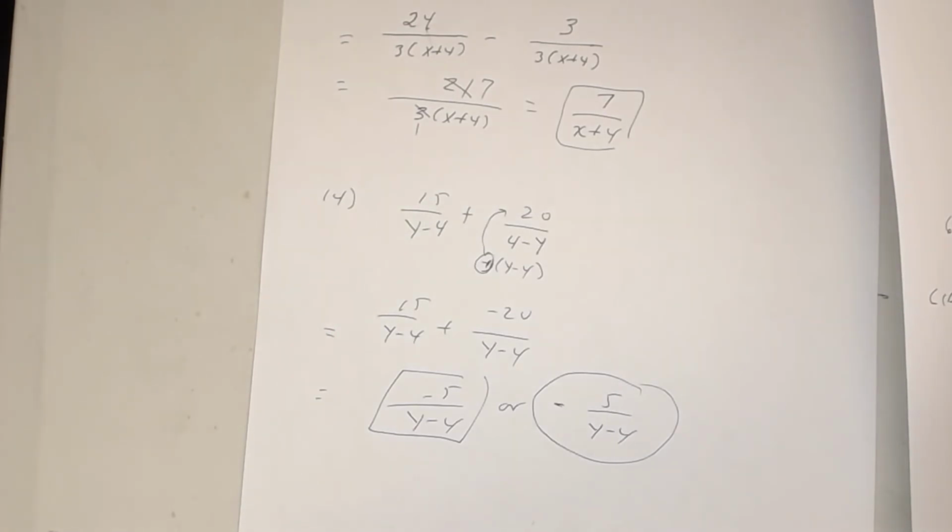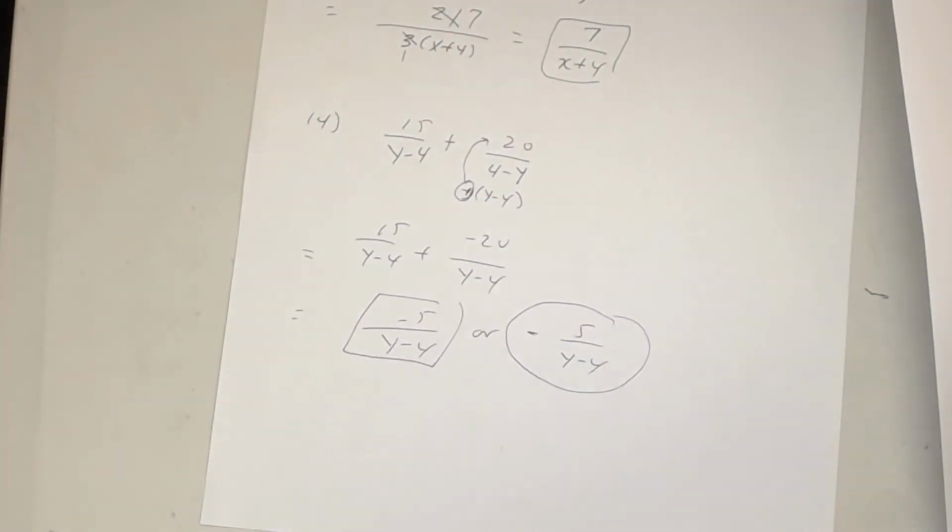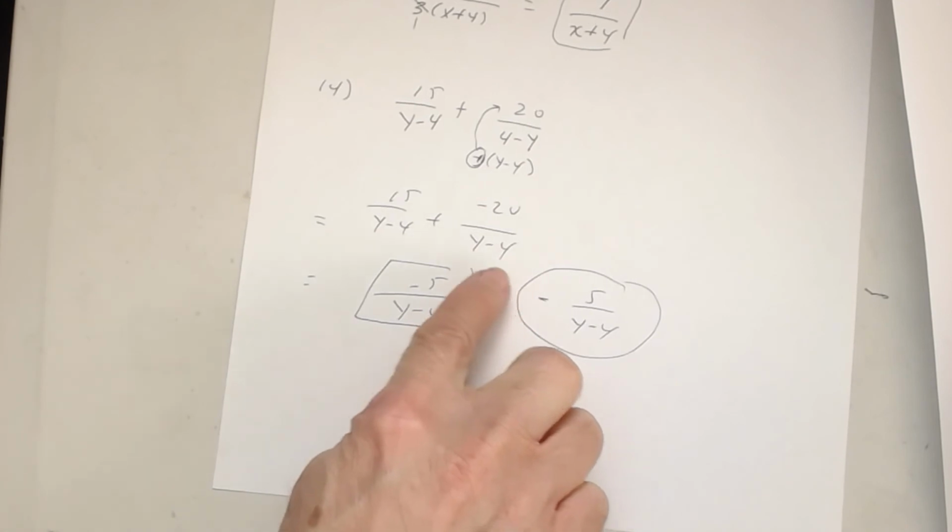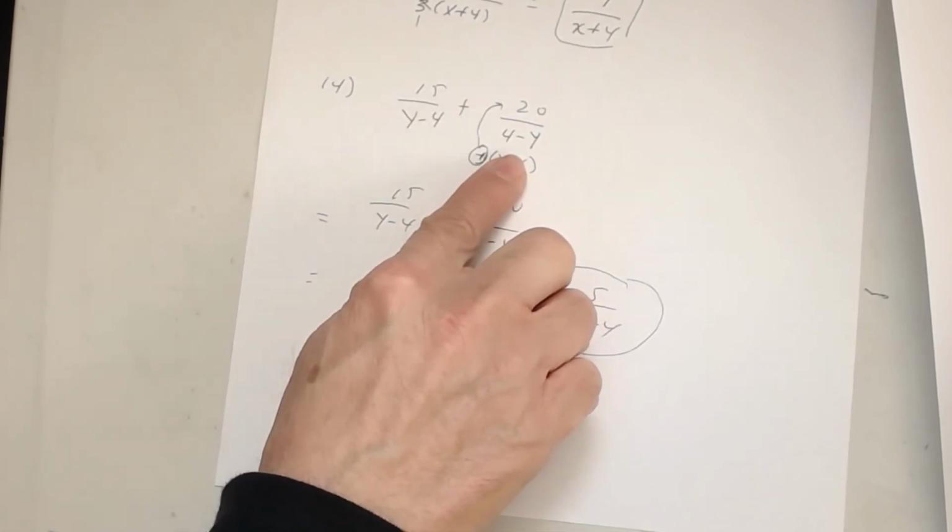Now let's suppose for some reason you did not recognize that those were opposites. And so you decided, wrongly, that the LCD was, I'm going to go ahead and use another sheet of paper, y minus 4 times 4 minus y.